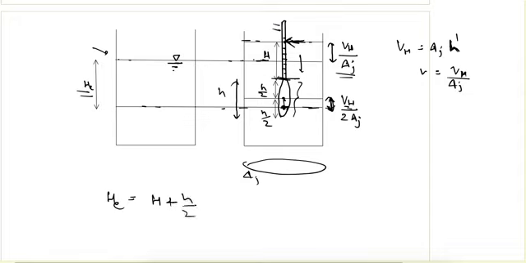Here we assume that the center of gravity of the hydrometer bulb divides this length into two parts. So h by 2 is above this and h by 2 is below. So h plus h by 2 is this part, and we are calculating at this point, so plus Vh upon 2Aj. And because there was a rise in the liquid level equal to Vh upon Aj, we have to deduct that rise, so minus Vh upon Aj.